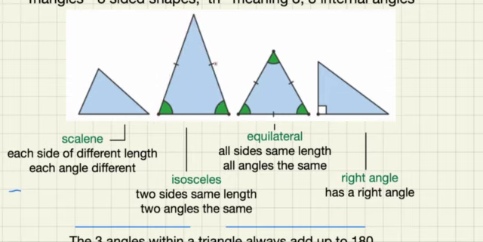And it's always indicated by these little bars that go through the line. So whenever you see anything like that, it means that those two lines are of the same length. And because those two lines are the same length, then the two angles inside are also the same. So this angle is the same as that angle.